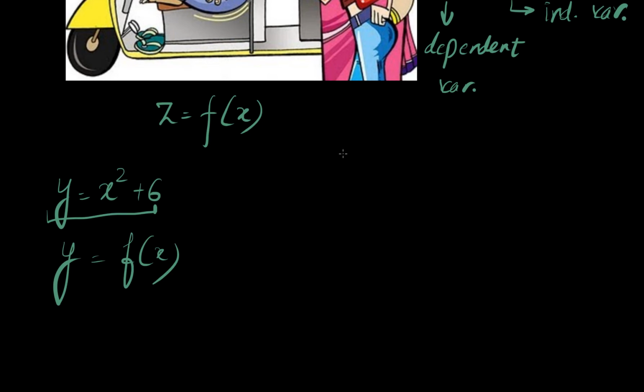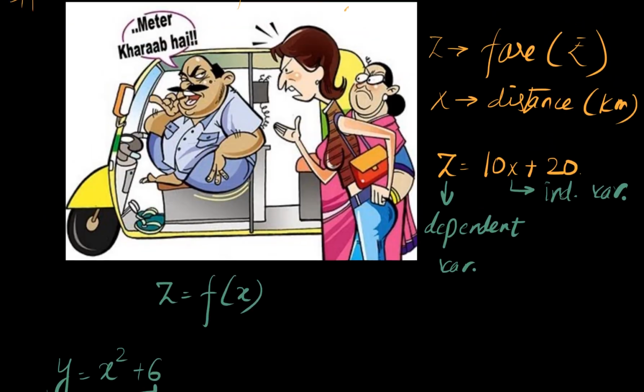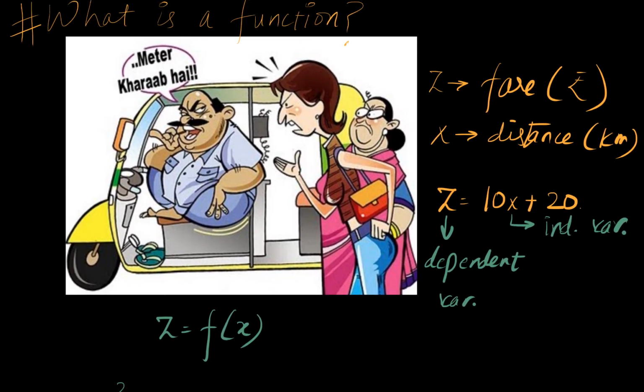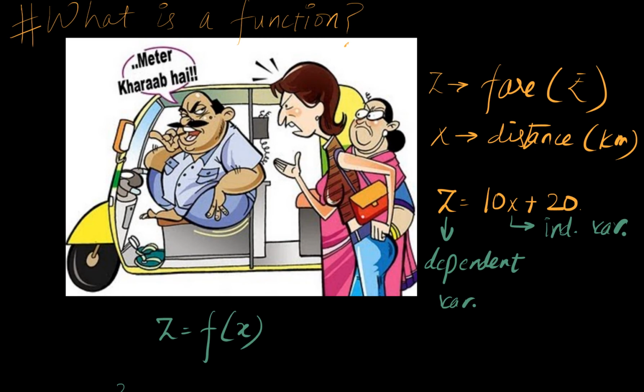Now, obviously the functions can be in more than one variable. For example, suppose the auto wala says that the fare not only depends upon the distance traveled, but also depends upon the time spent. So in this case, the fare will be a function of x, that is distance traveled, as well as time.